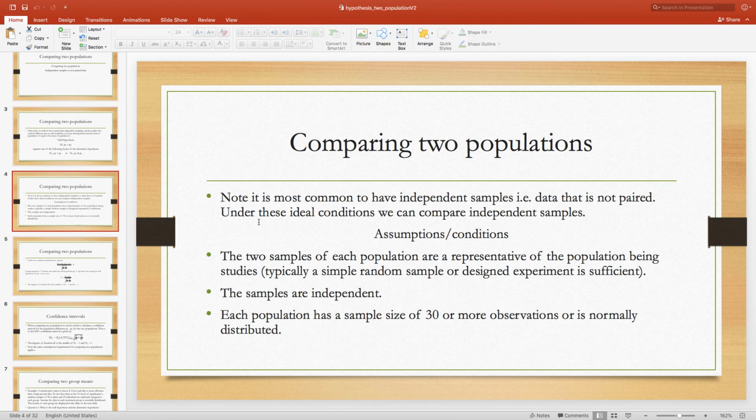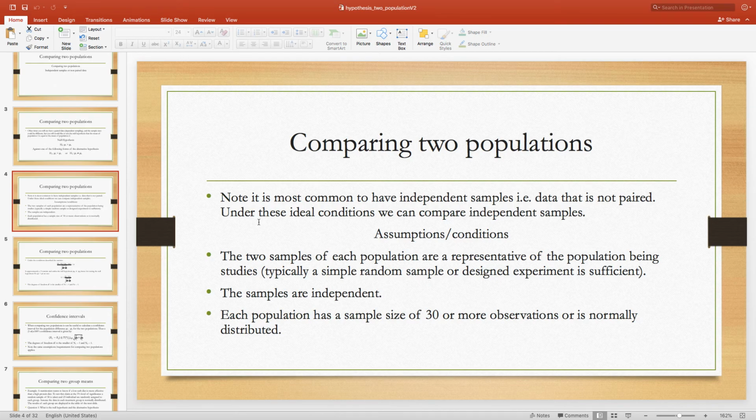So when you're comparing two populations, it's good to check that you have met all the assumptions necessary. In the following example, we have non-paired or independent samples, and for each sample of the population, we need to know that they're representative. That being that the sample of population 1 comes from a simple random sample or a designed experiment.